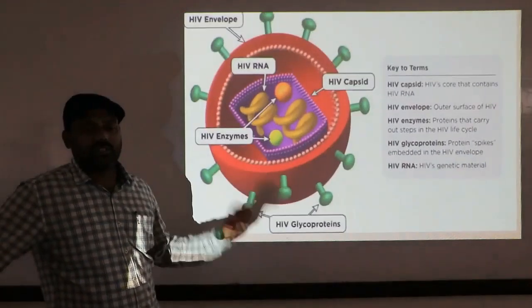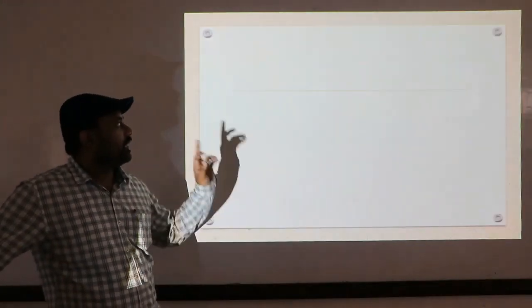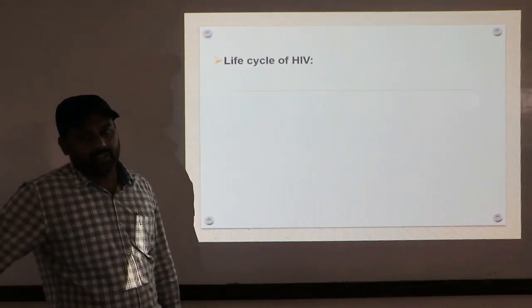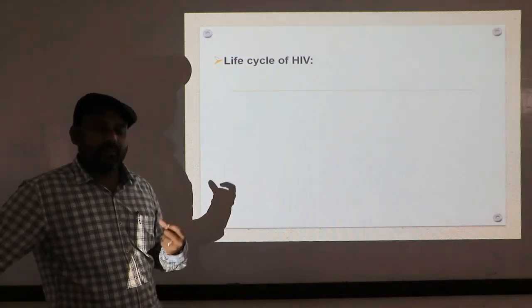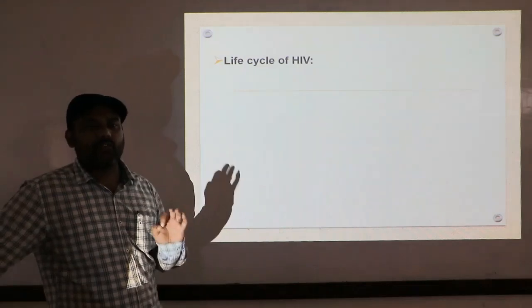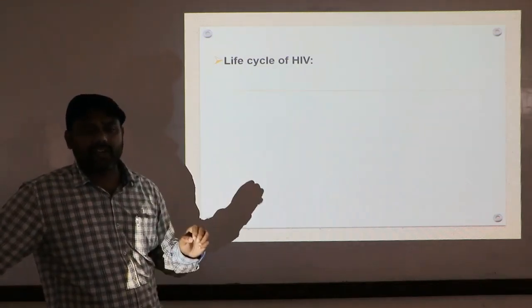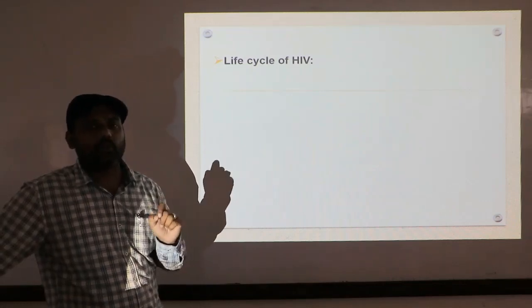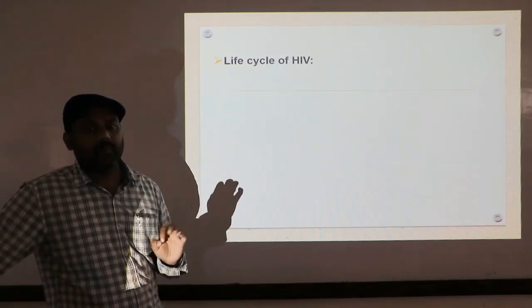Then this is the diagrammatic representation of the HIV virus. Now the life cycle of HIV, the most important part. When any HIV virus enters the body, first and foremost it is going to specifically recognize or identify the T lymphocyte, in that, one particular type called the T helper cell.